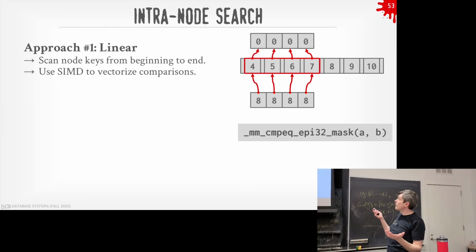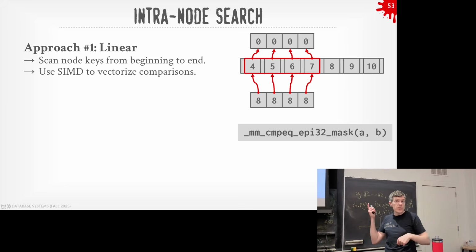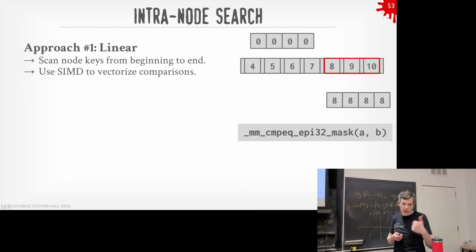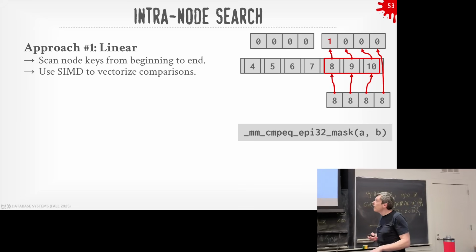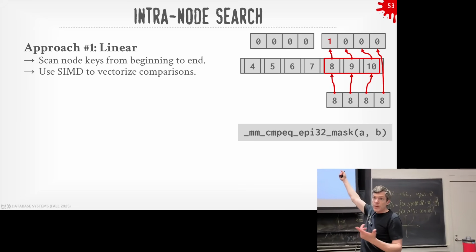In this case, none of them match, but it's a single instruction to do this comparison and produce the output. There are other SIMD instructions that then find whether I have a match or not. In this case I don't have a match, so I just slide over and do the next SIMD instruction. Here I only have 3 keys instead of 4, so the last one is ignored. And now I find a match, I see a 1, I know I found the thing I'm looking for.